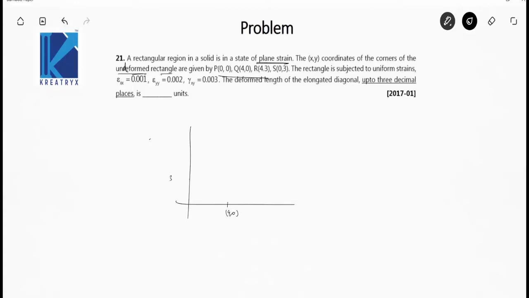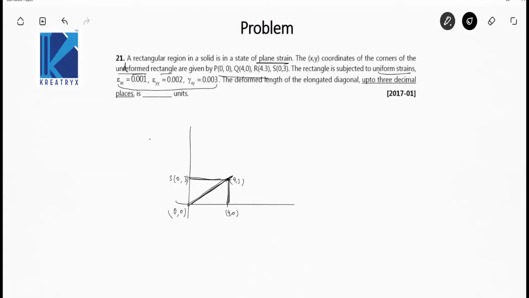So this is 0 comma 3 and this is the rectangle, 0 comma 0, this is 4 comma 3. The rectangle is subjected to uniform strains and the values are given. The deformed length of the elongated diagonal up to 3 decimal places is, so you have to actually find the elongated length of the diagonal.